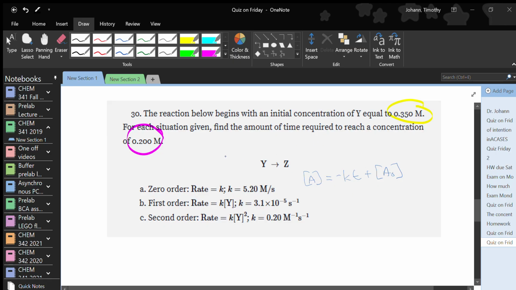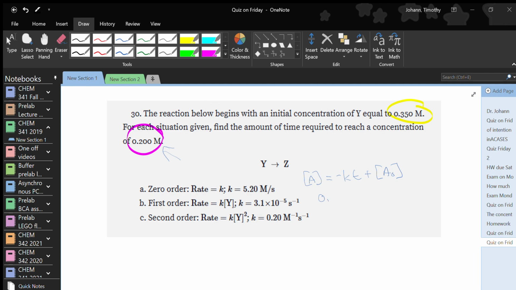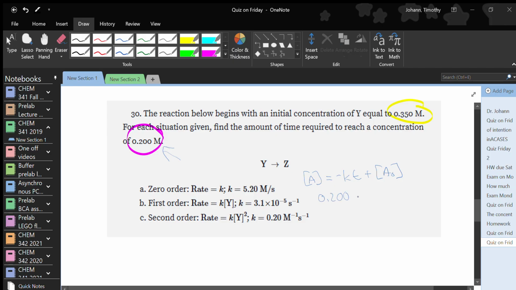So A is what we're trying to get. That's what, after some amount of time, we've got the concentration of A is that. So I'm going to go ahead and put 0.200 molar is equal to negative k. I'm given k, right? k is 5.2 molar. This is going to be a fast reaction. 5.2 molar per second.